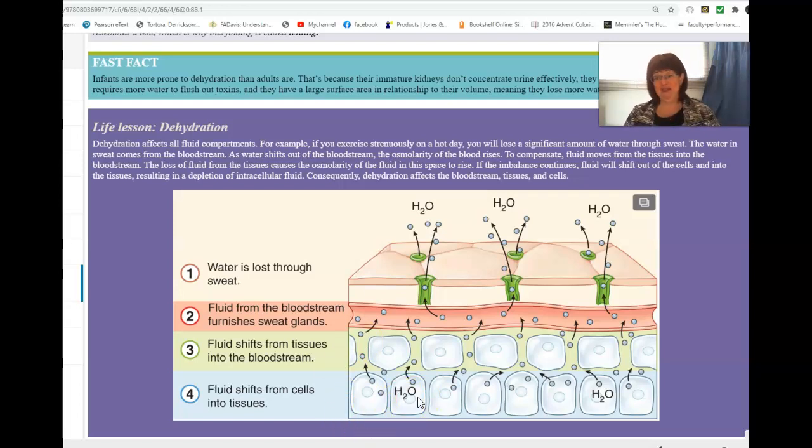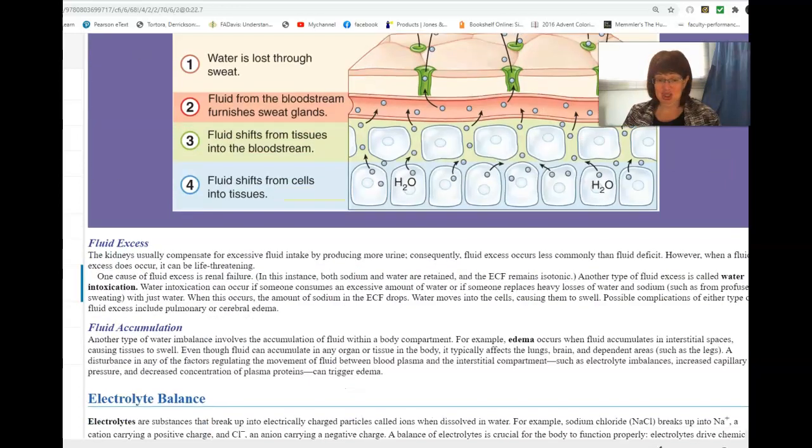And if you don't have fluid in your cells, you will then have improper cells. Notice how if you pull water from one area, it tries to balance. Intracellular fluid, which is inside the cells, is balanced with interstitial and extracellular fluid. It all moves around basically by the pulling of the salt.